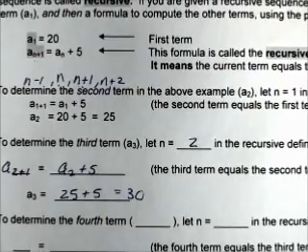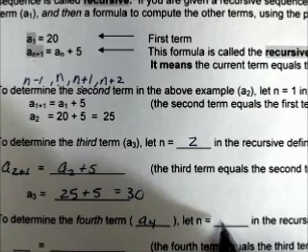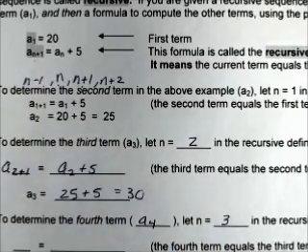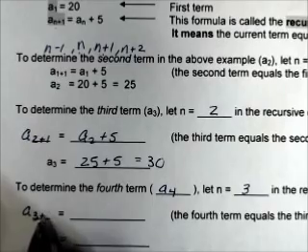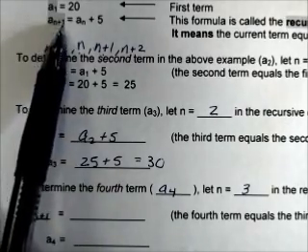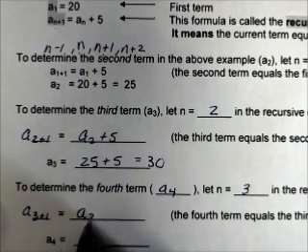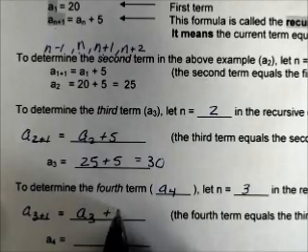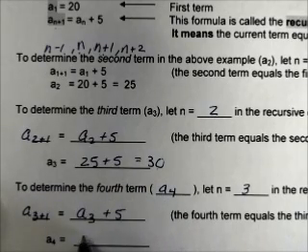To determine the fourth term, a sub 4, let n equal 3 in the recursive definition. So a sub 3 plus 1 is equal to a sub 3, that's the previous term, plus 5. And the previous term, or a sub 3, is 30. 30 plus 5 is equal to 35.